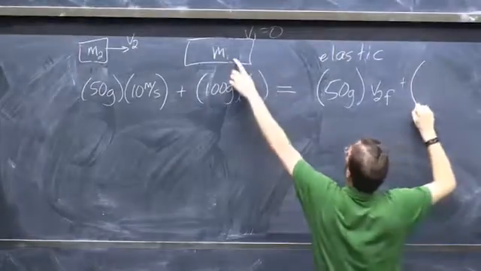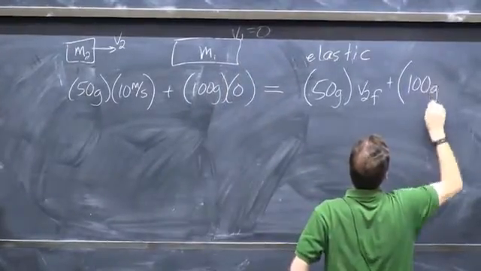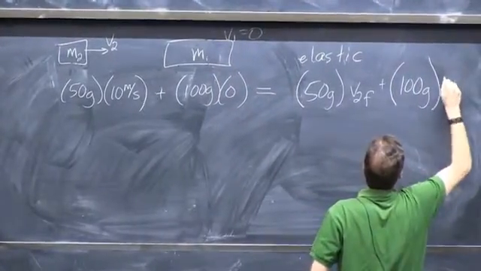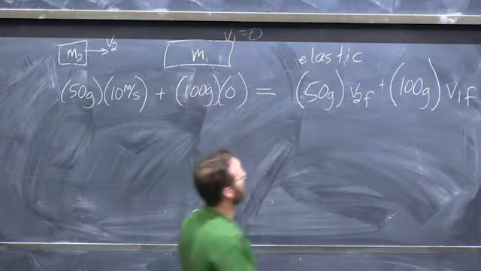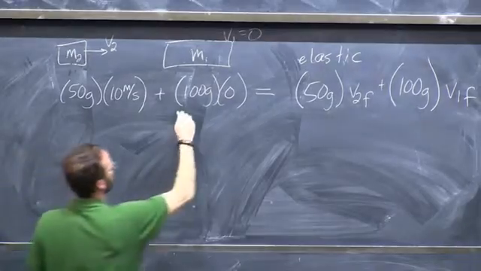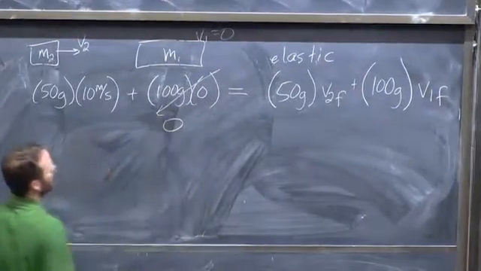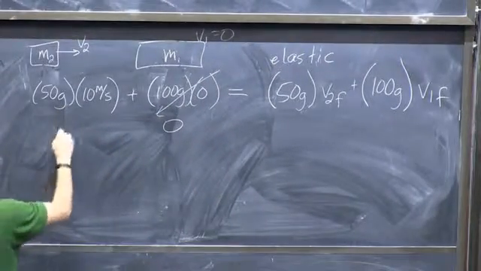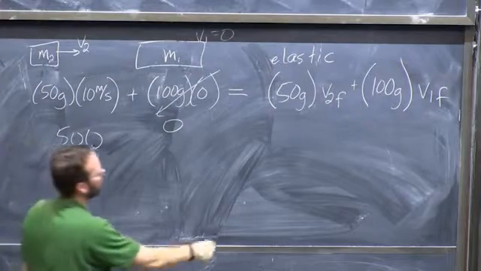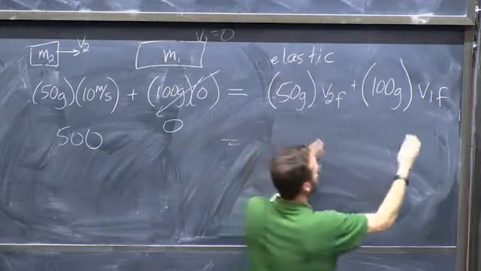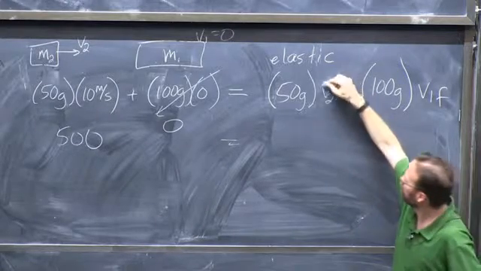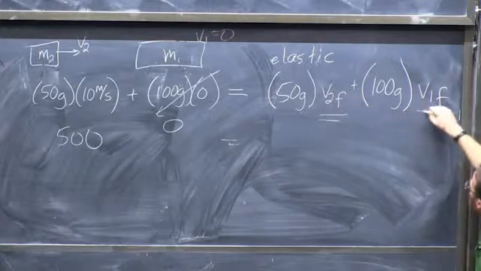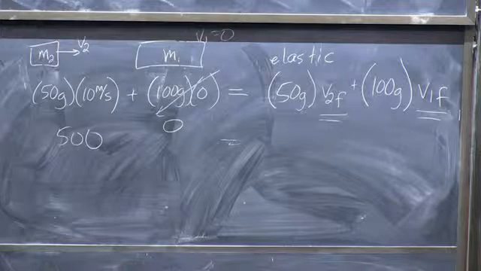Plus 100 grams moving with some final velocity also. So this goes to 0. That's nice. We know what we start with, 500 units. So we're getting closer. We could figure this out and this out if we knew one of them. At this point, we don't.